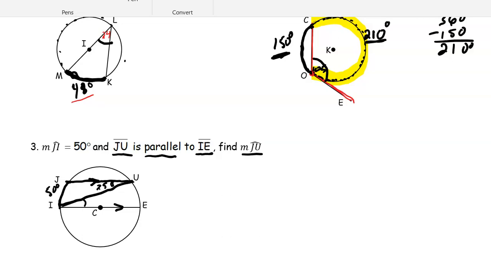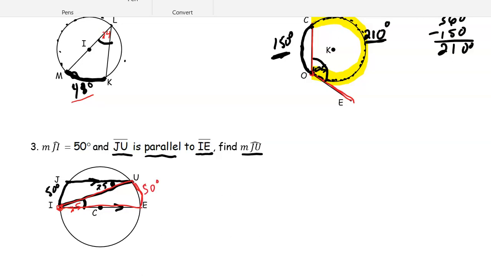And since these are alternate interior, this angle has to be congruent to this angle. So this angle here must also be 25 degrees. And then if you look, this is an inscribed angle that creates this intercepted arc, UE. So we would know this would have to be 50 degrees.